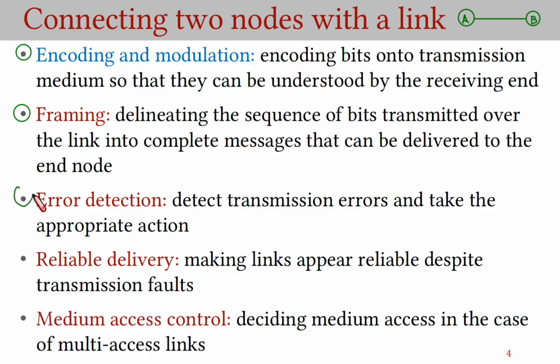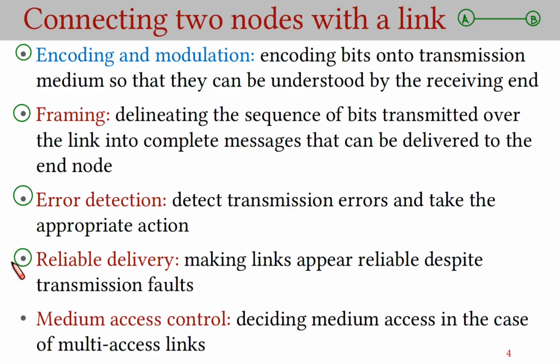Then is error detection. We need to detect transmission errors that occur and we need to take appropriate action for those errors that have occurred in messages. And then is reliable delivery.